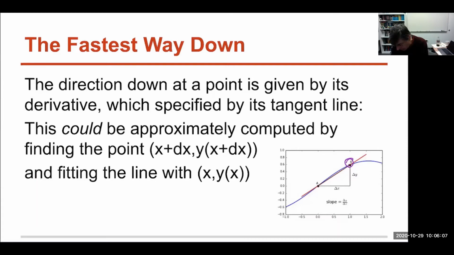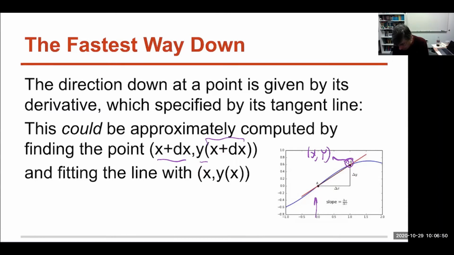If this point here had coordinates x, y, where y is whatever the function is, we want a point that is slightly offset from this.